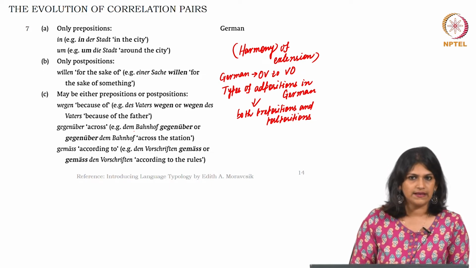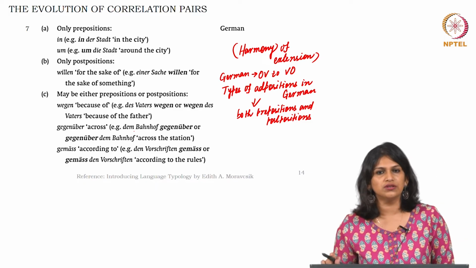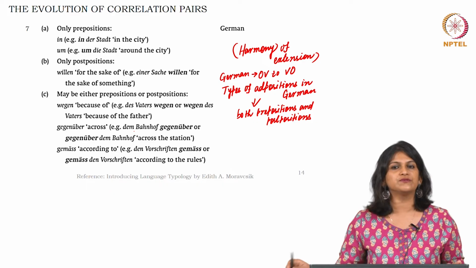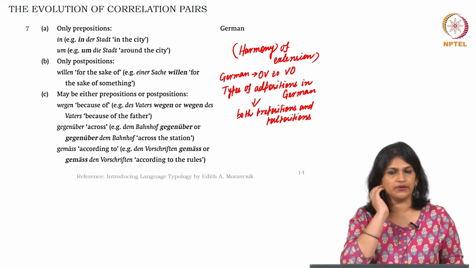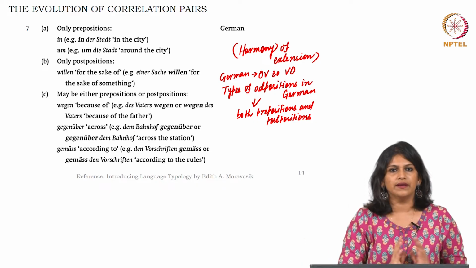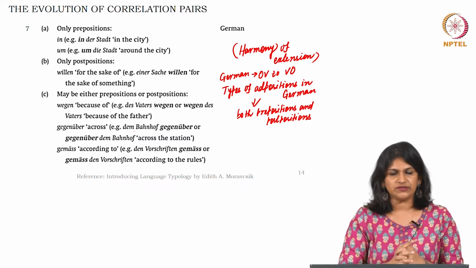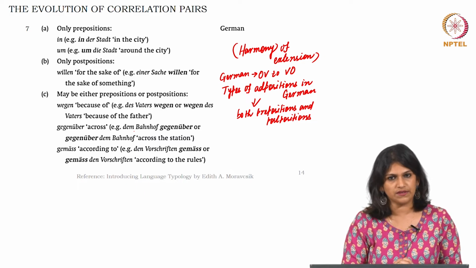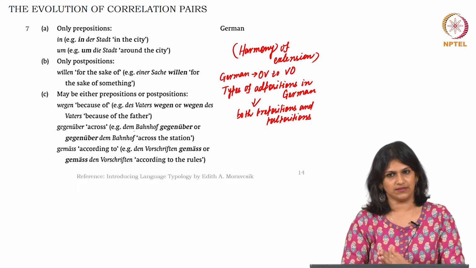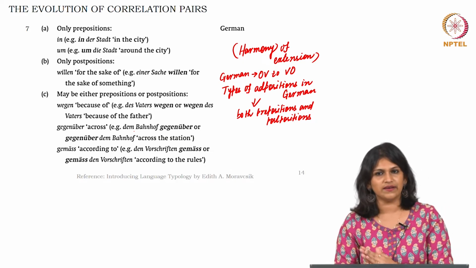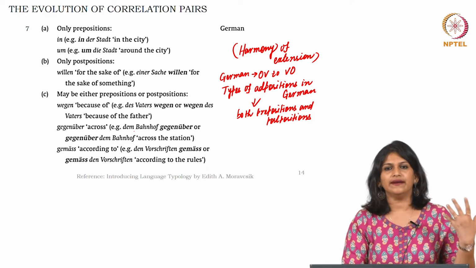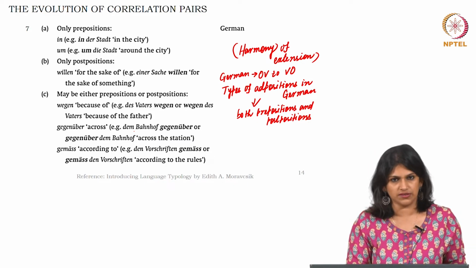According to the original OV order, most adpositions were postpositions, if you think about OV. So, that means German must have had evidence where the adpositions are postpositions, and now since the word order has changed, it has become VO, then probably it also has prepositions now.